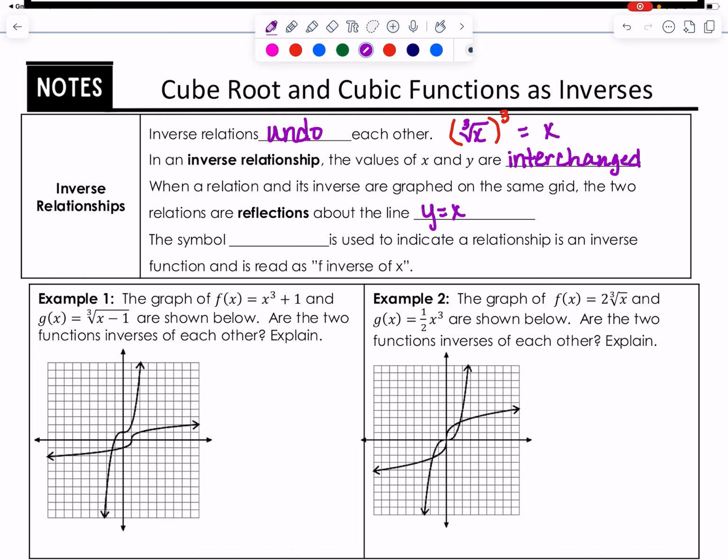Now, we use a symbol for inverse functions that hopefully you've seen before, but it's f to the negative 1 power of x, and it's used to indicate that a relationship is an inverse function. When we read it, we say f inverse of x. We don't say f to the negative 1 power. We say f inverse of x.